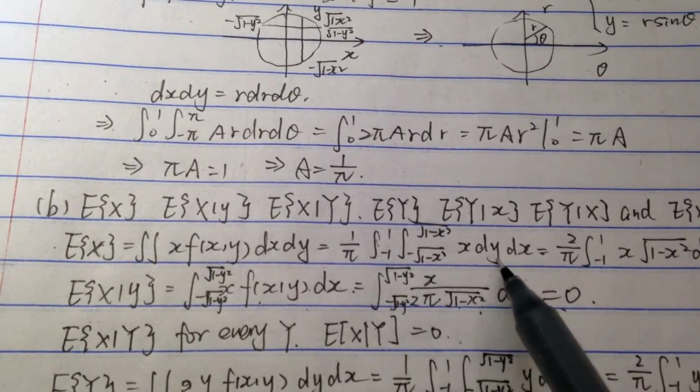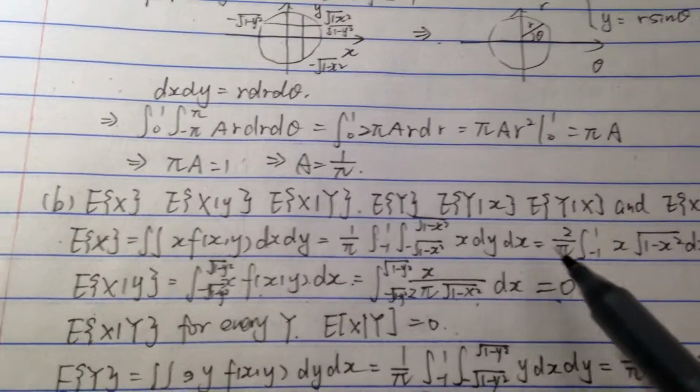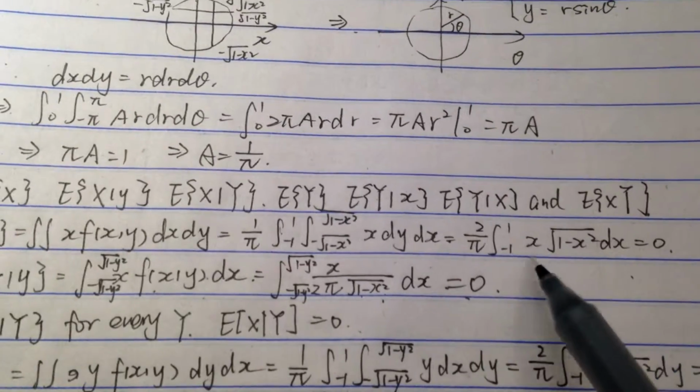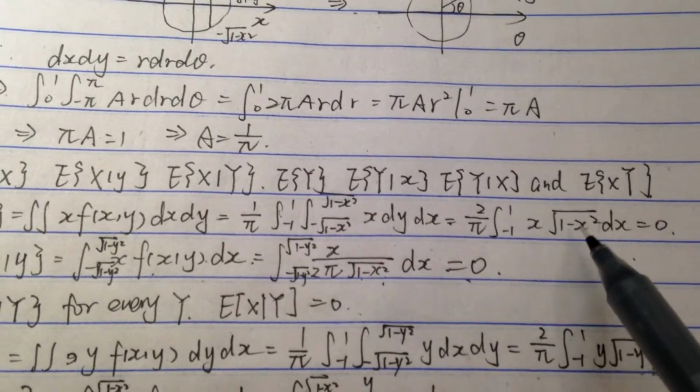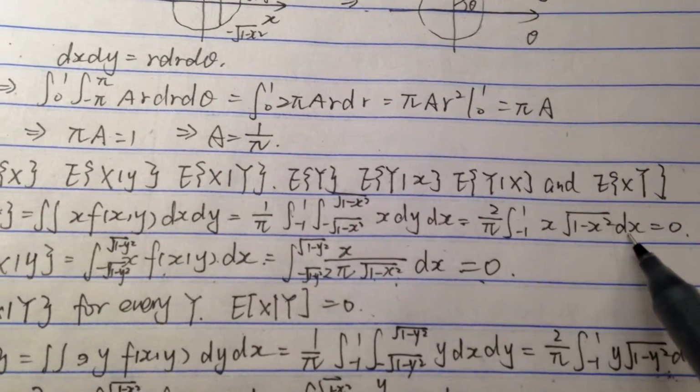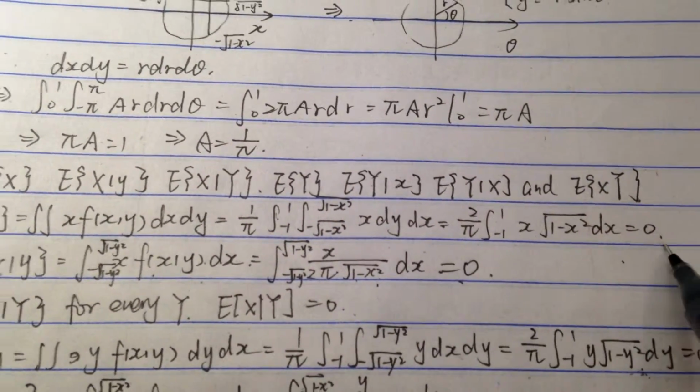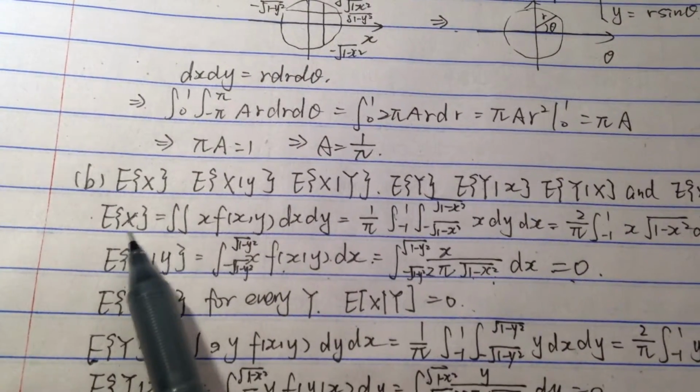After calculation, the function x times the square root of 1 minus x squared is an odd function, so the answer is 0. Then we get E[X] equal to 0.